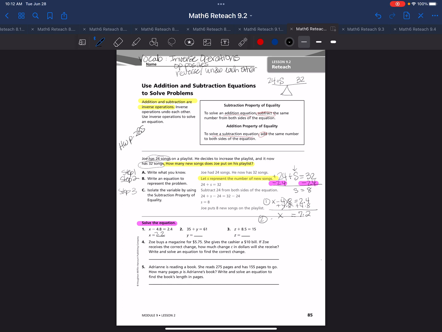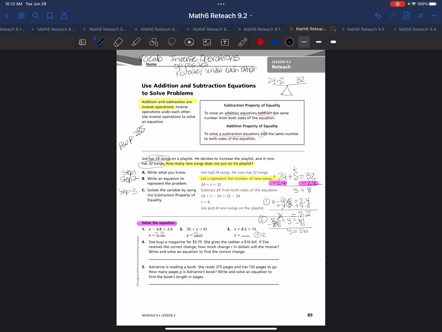All right, question 2. 35 plus y equals 61. This is an addition problem, so I need to subtract from both sides. I need to do the inverse. This gets to be 0, so I have y equals 26. Then let's look at question 3.